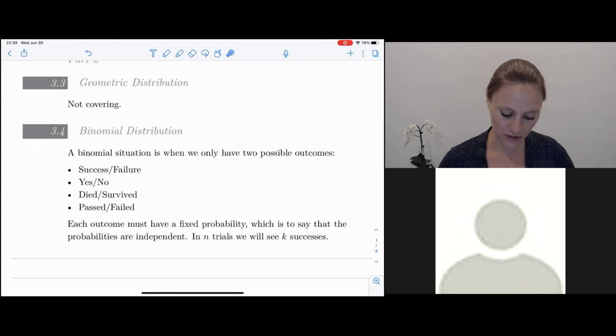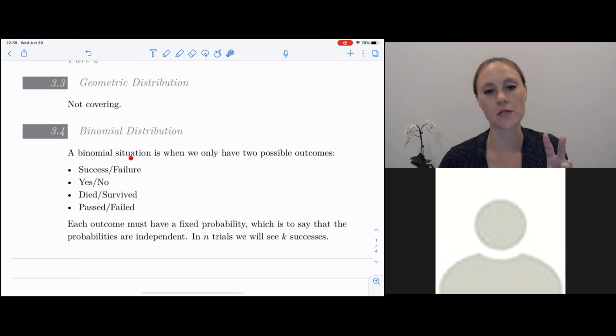So a binomial situation is when we only have two possible outcomes. So usually we boil it down to success, failure. Other options are kind of yes, no answers. Often we talk about pretty morbid stuff like, did a person die or did they survive? Right. And there's only really two options.